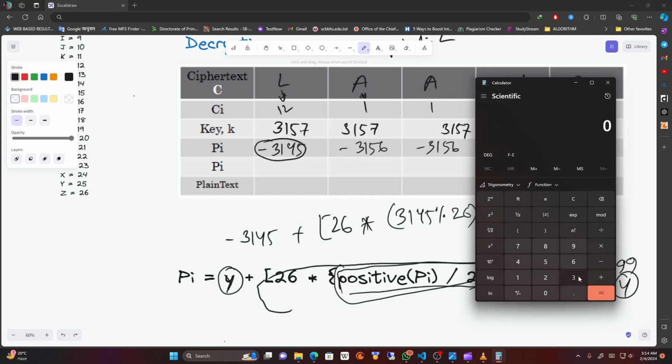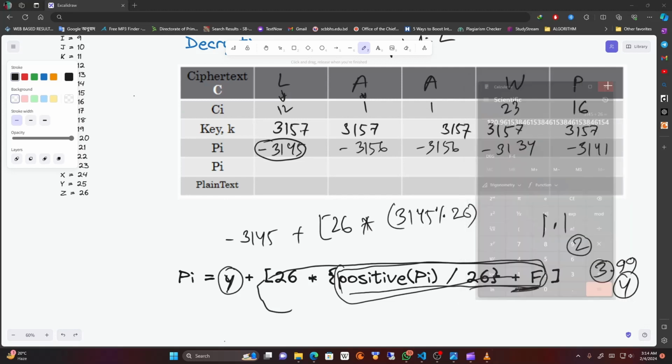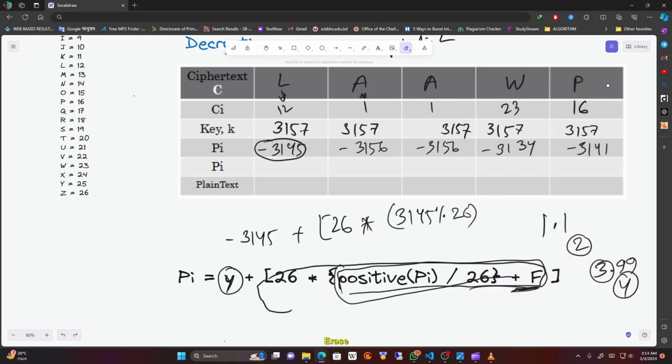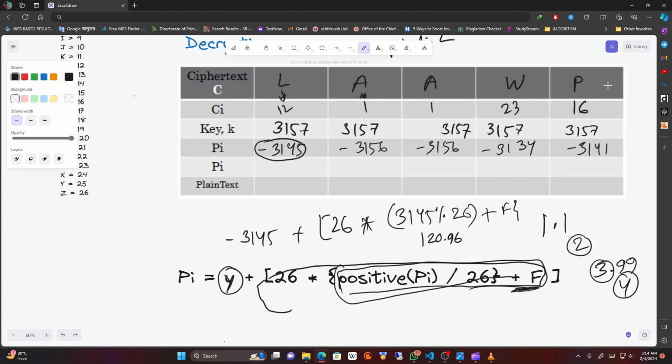We get 120.96. Now we get a fractional value, so we add 0.04 so that we can make this 120 into its next integer. So this whole thing will be 121.